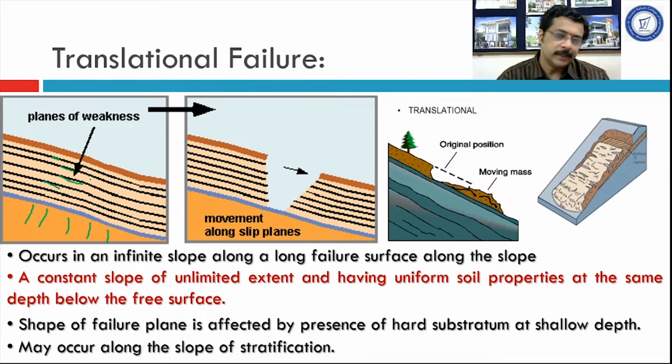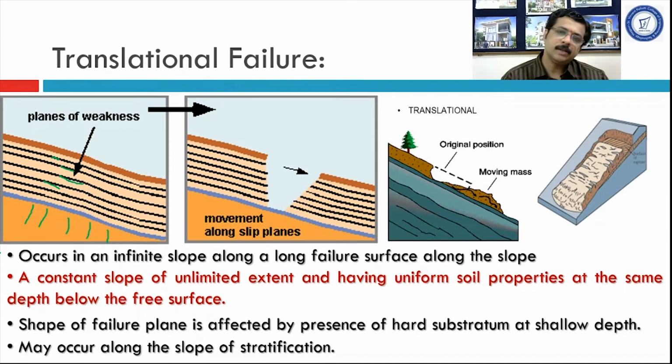Now where is this type of failure observed? This failure is observed in case of infinite slopes. Here it is mentioned, this failure occurs in an infinite slope along a long failure surface along the slope. As we know, infinite slope means a slope of infinite extent, meaning its length would be greater, up to a greater height.